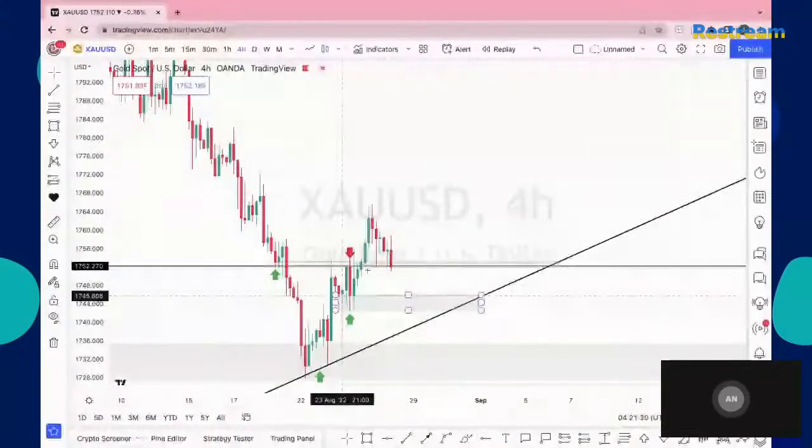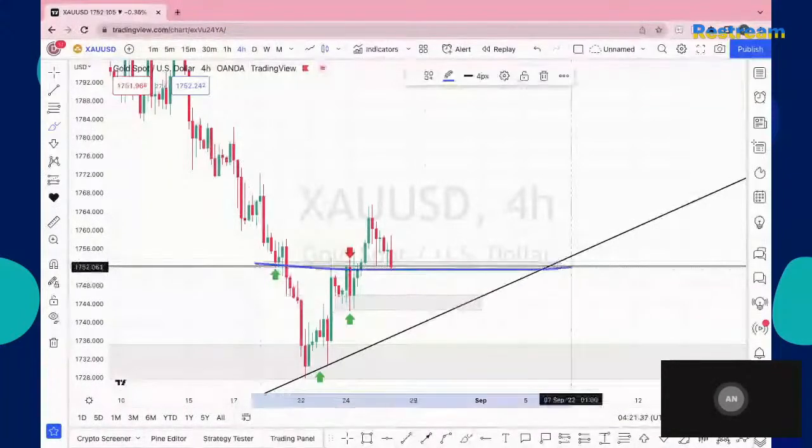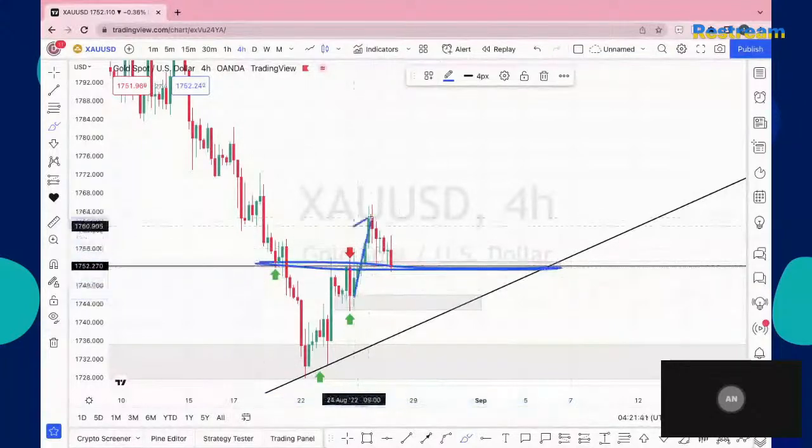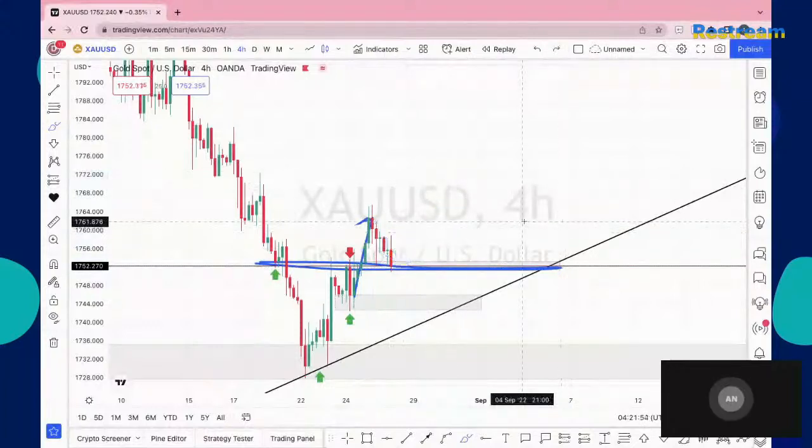Already from what I can see, we broke out of this zone here, 1750. We broke out, but we now need to come down and retest it before we push up, and that's what we're doing right now.